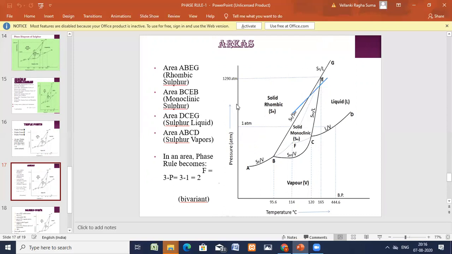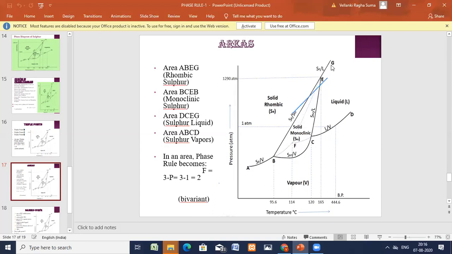Now the second area, B, C, E. Not the round one, this triangle, B, C, E. In this area you are having the solid monoclinic sulfur.